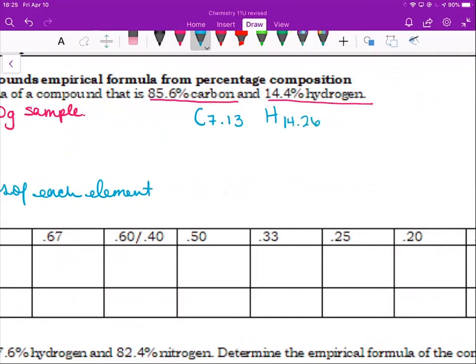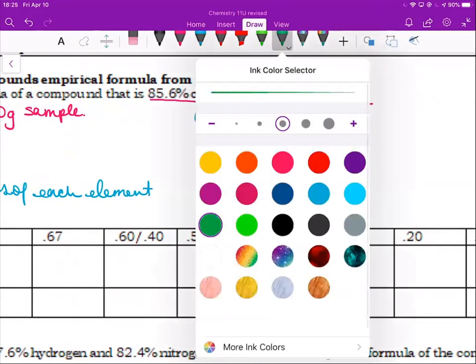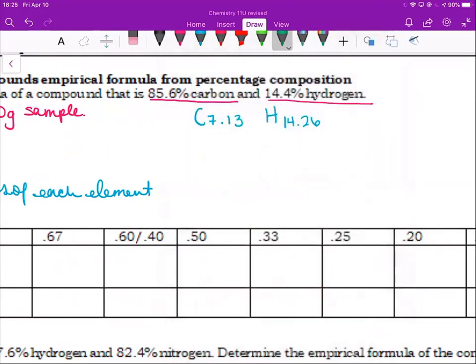And then you're probably thinking, Miss Fella, you said that this was going to give us the lowest mole ratios, and you're giving me terrible decimals. Okay, that's because in this third step, you divide by the lowest number out of all of them. So I'm going to set this up again.